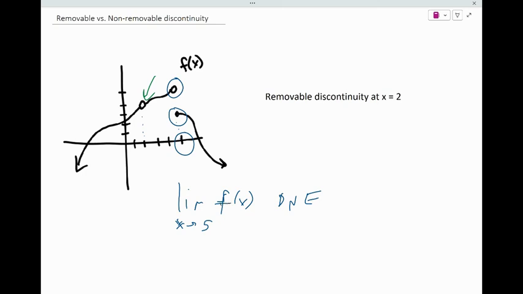As you're approaching from the left, you're going up towards 6, and as you're approaching from the right, you're heading towards 3, right? And there's no way to redefine f of 5 to make this function continuous. So we would say we have a non-removable discontinuity at x equals 5. This isn't a huge issue.